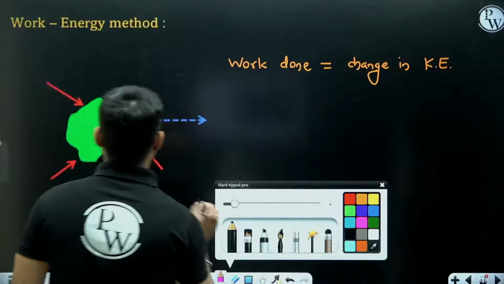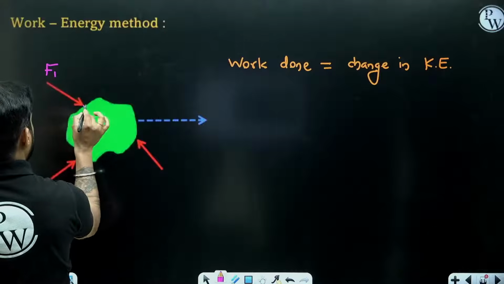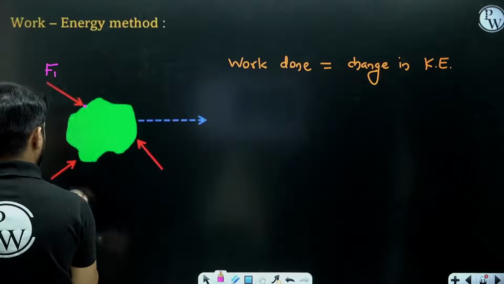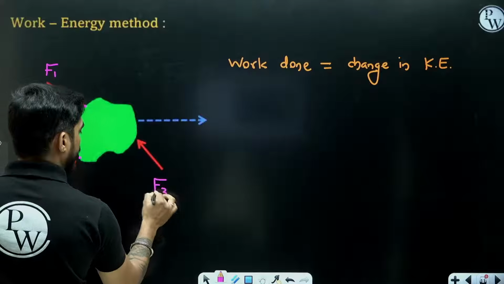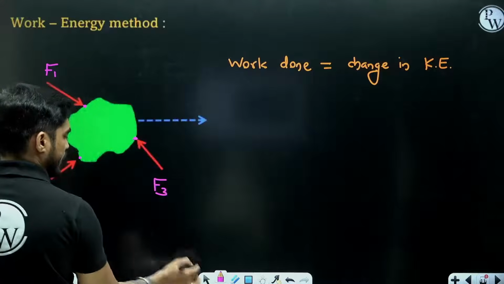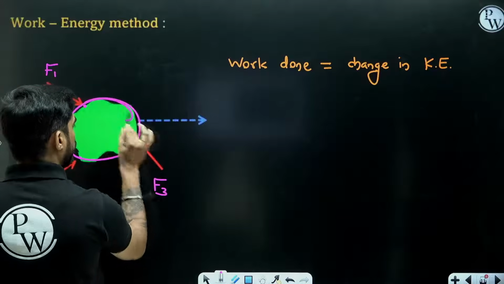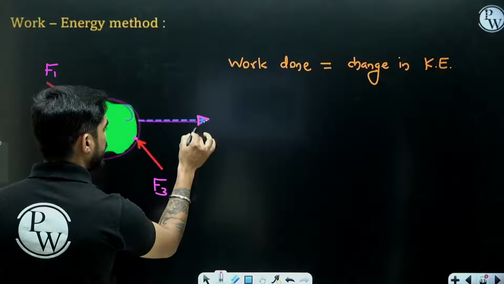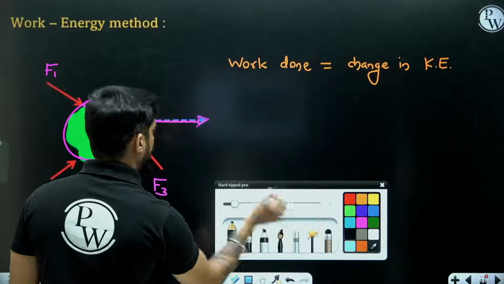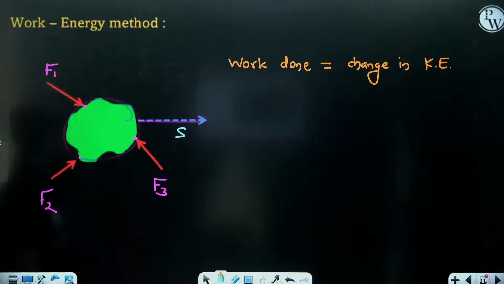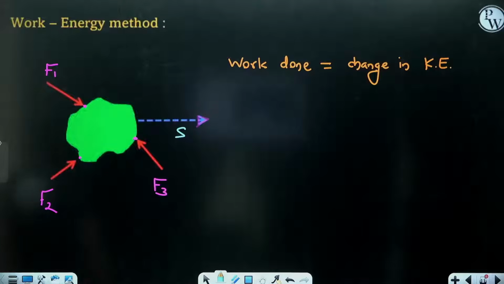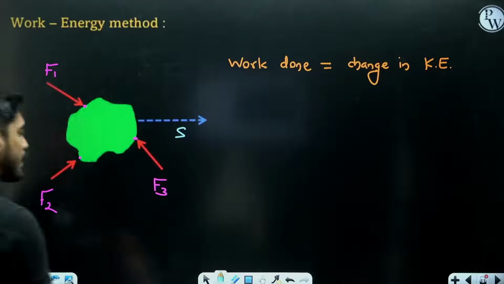So let's say I am applying a force F1 at this particle, a force F2 at this particle, and a force F3 at this particle. Now, due to the net force, this body is displaced by a distance s in horizontal direction. Now, how are you going to find the work done?